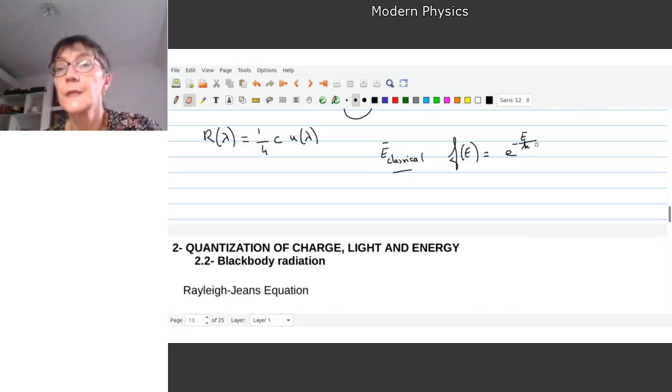I will write k_B. Here we are not using k for electromagnetic waves, so k is the Boltzmann constant.